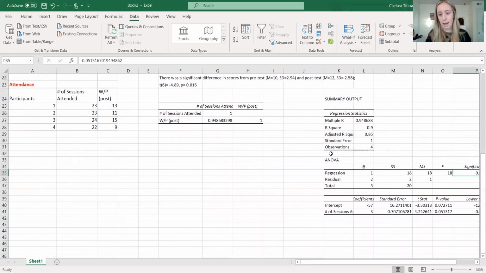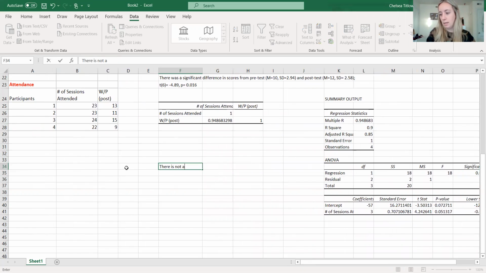To write out our findings regarding this portion, we will put: there is not a significant relationship between the number of sessions attended and the 2-minute walk/push post-test score.